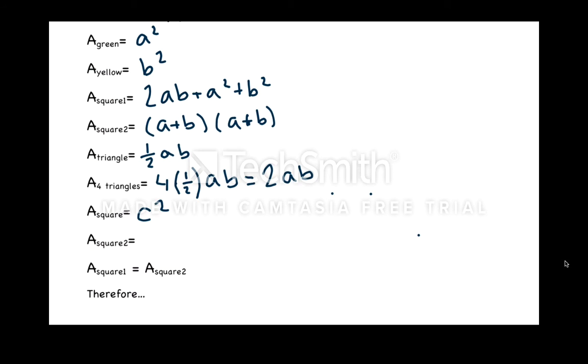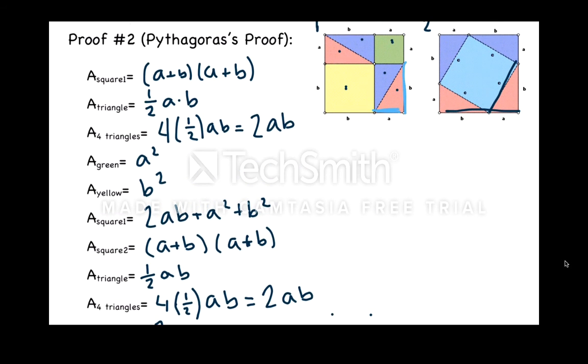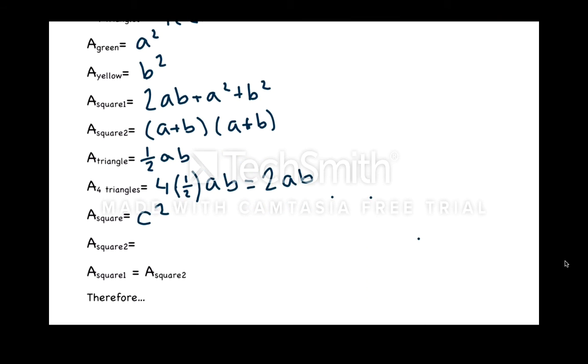And now let's write the area of square 2 in a different way. The area of square 2 is the area of all 4 triangles plus the area of that inside square. So the area of all 4 triangles is 2AB plus the area of that square, which is C squared.